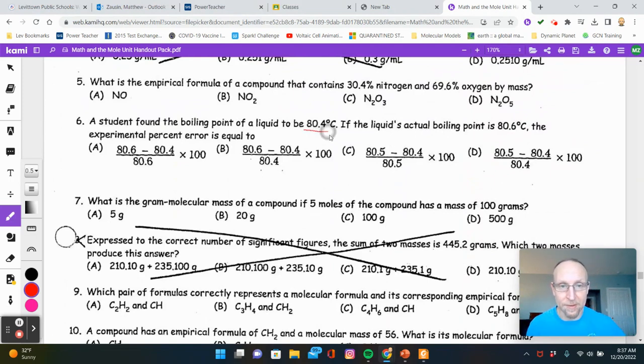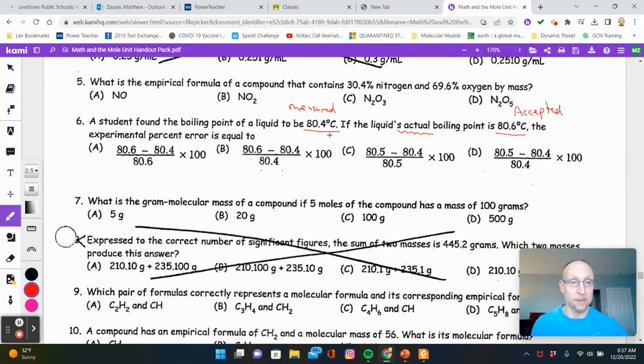So this, right, is the measured. If the liquid's actual boiling point is 80.6, that's the actual or the accepted. What's your percent error? It's measured minus accepted over accepted times 100.